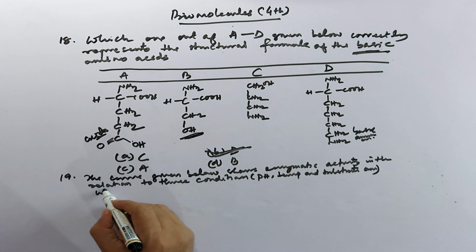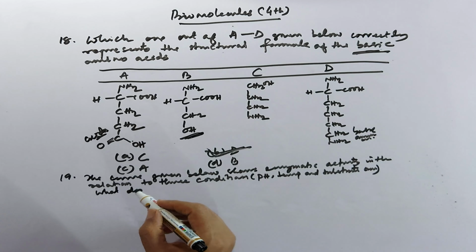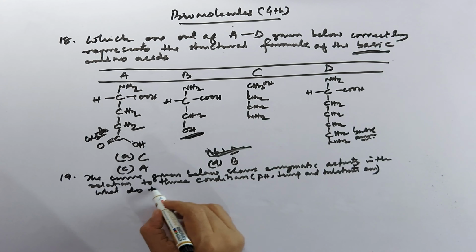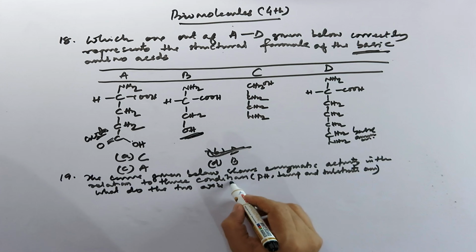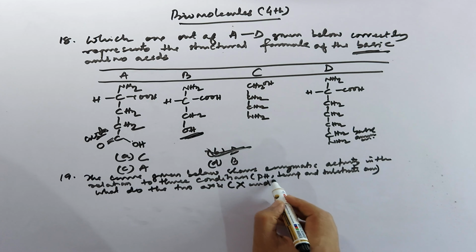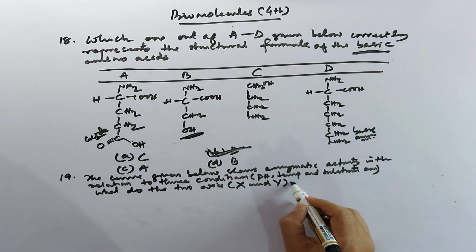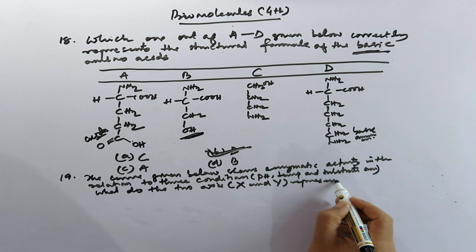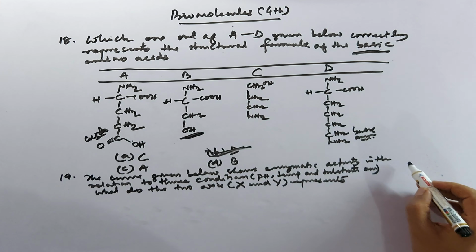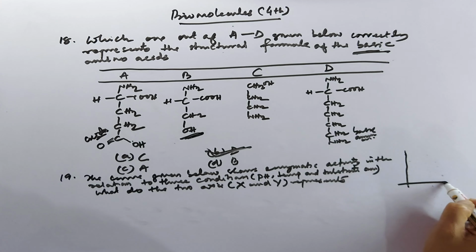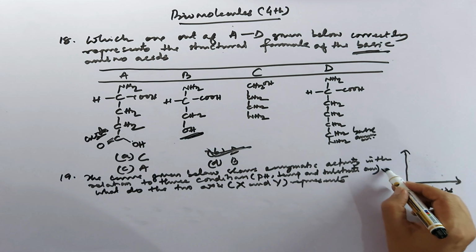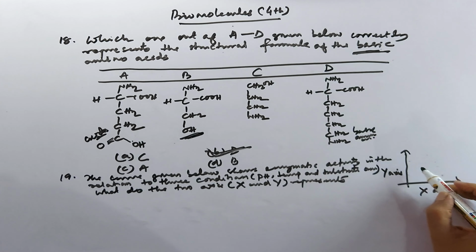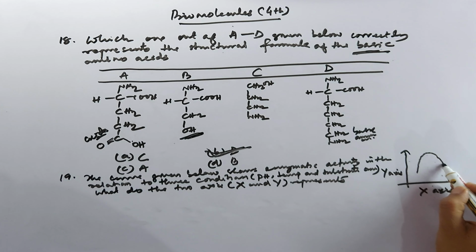What do the two axes x and y represent? So the graph is here. This is the x axis, this is the y axis, and the graph is like this.